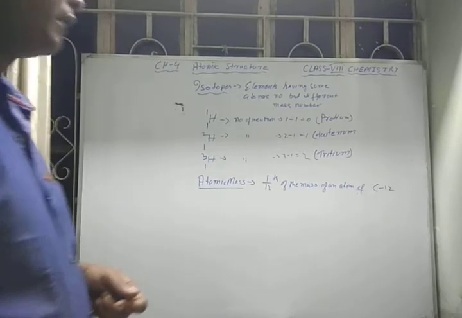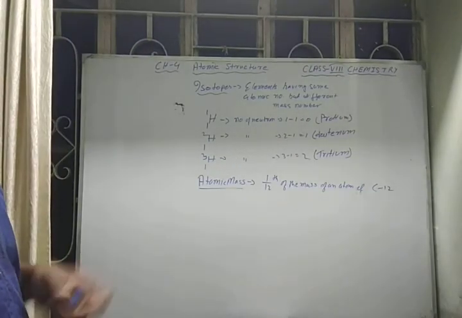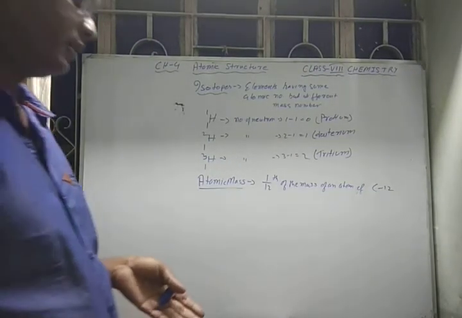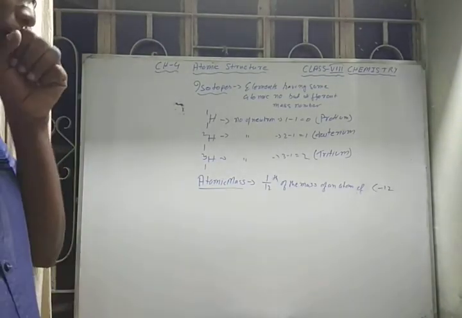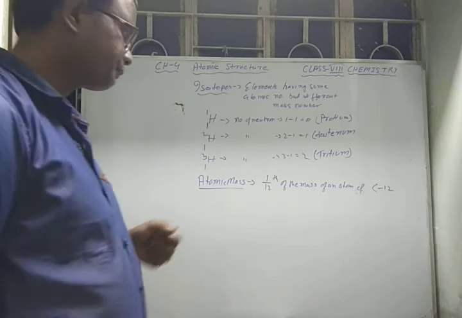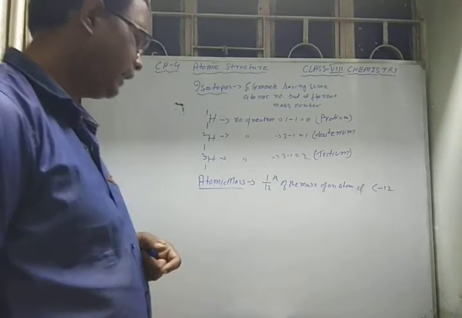Whatever the mass of one atom of carbon 12, 1/12 of the mass of this carbon atom is called the atomic mass of an element.